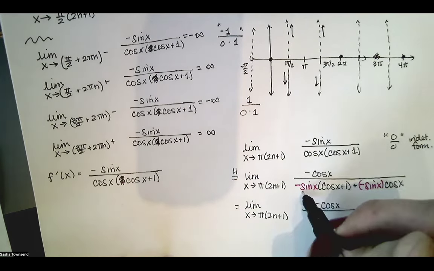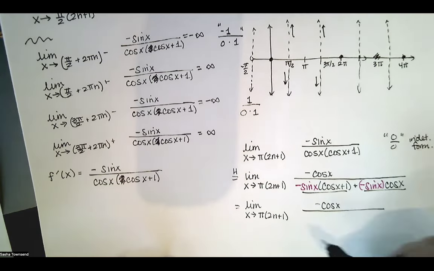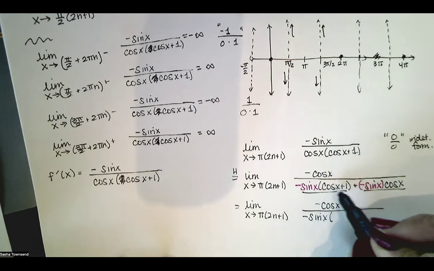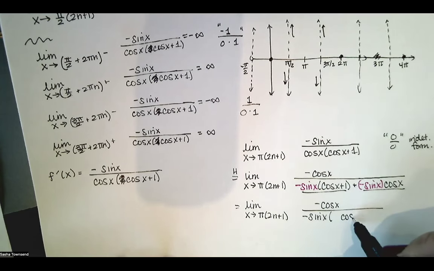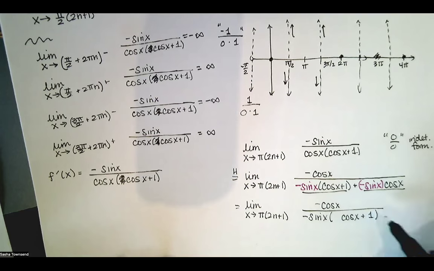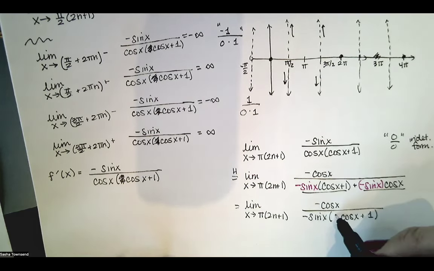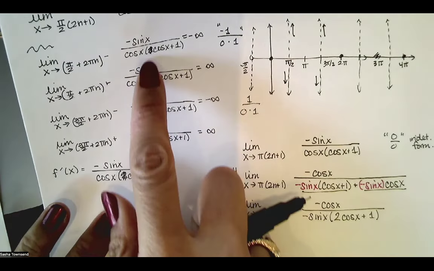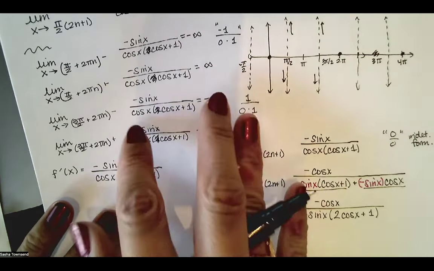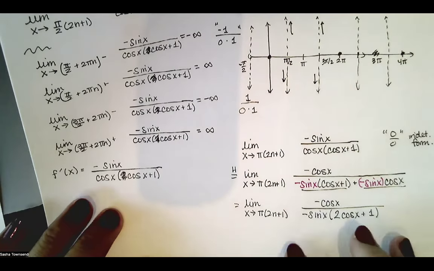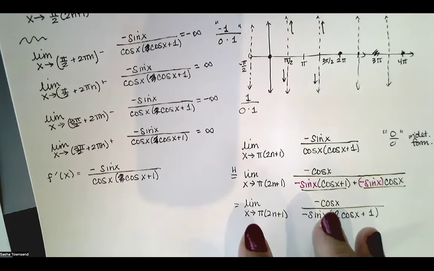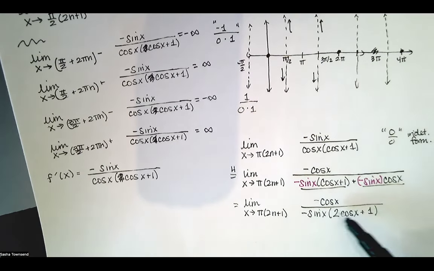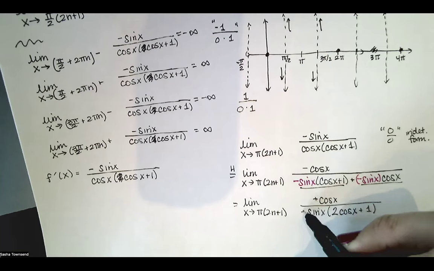And we see that these two terms have a negative sine of x in common, so we can factor that out. Then we have negative sine of x times cosine of x plus 1 for that first term, and then negative sine of x times cosine of x for that second one, so we get 2 of those. I see where that 2 came from. I guess I was sort of thinking of this calculation somehow. It's because I've done the calculations before. I accidentally did this whole lecture and I didn't record it. So we're redoing it. So we've got this. Negative divided by negative is positive.